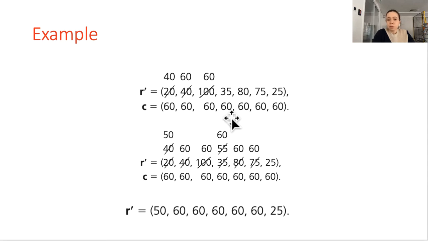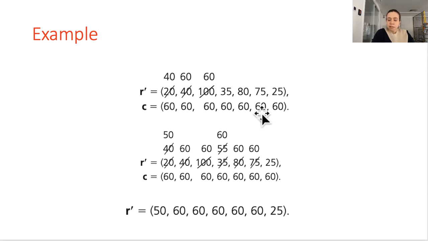For the fourth period, the requirement is less than the capacity, but for the fifth period, I see that the requirement exceeds the capacity. So I can produce 60 in this period, and I have to shift 20 units to the previous periods. I see that there's enough capacity in the previous period, so I shift these 20 units to the previous period and make the production amount 55 here.